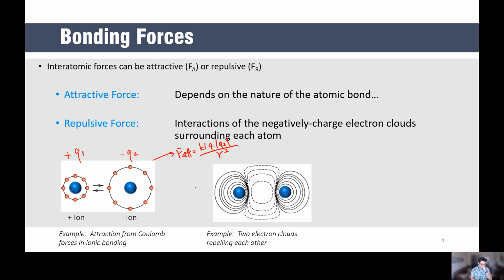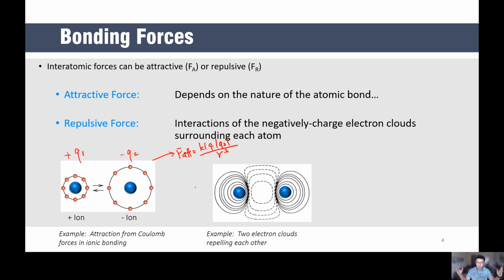Okay. What you may not have learned from the ionic bond is that there's also a repulsion force. The repulsion force is actually coming from the electron cloud. So one thing that you may not have learned from Coulomb's law is that you may be thinking about two charged ions, but atoms are actually made out of both positive and negative charges. The negative charge is the electron. So in a long range case, the two charged particles, a positive ion and a negative ion, will attract each other.